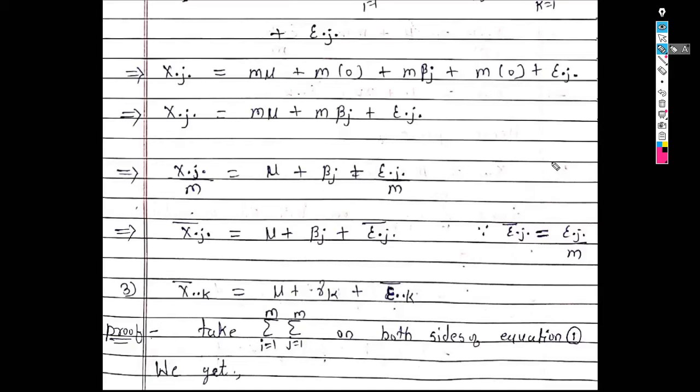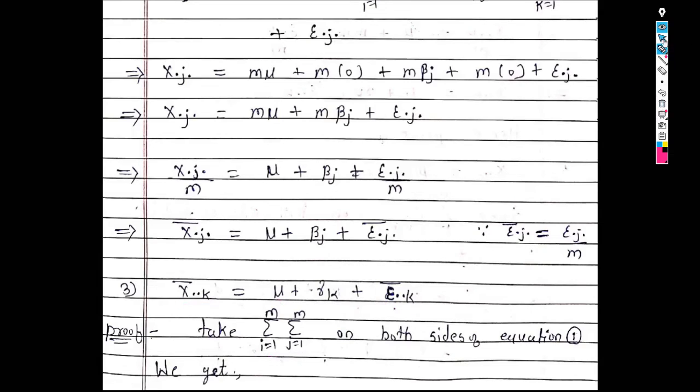Now we will prove our third statement. Our third statement is that x dot dot k bar, that is the kth treatment mean, can be written as mu plus gamma k plus epsilon dot dot k bar. To prove this statement, take the summation over i and the summation over j on both sides of our equation 1.